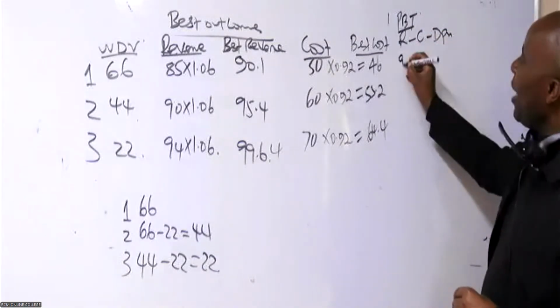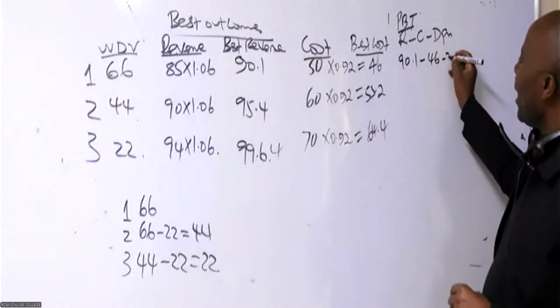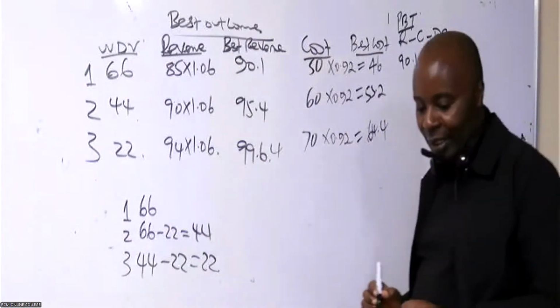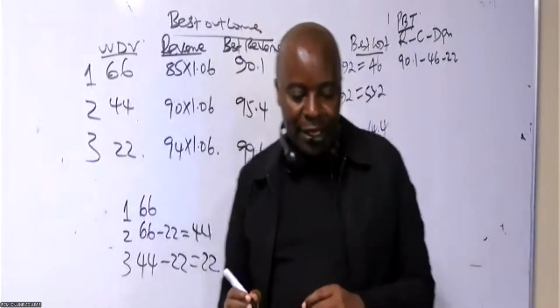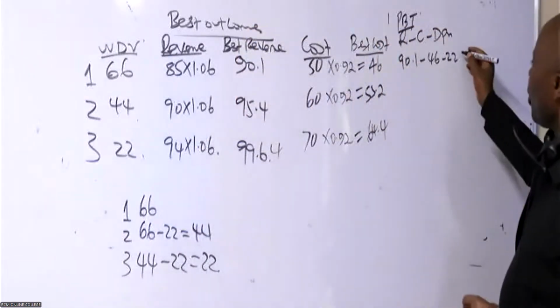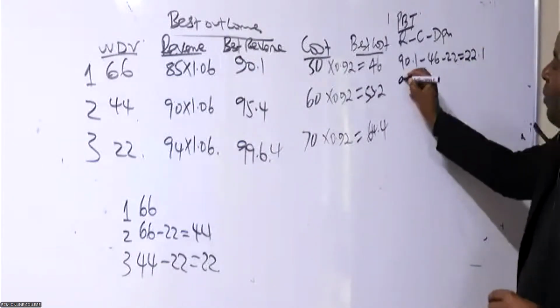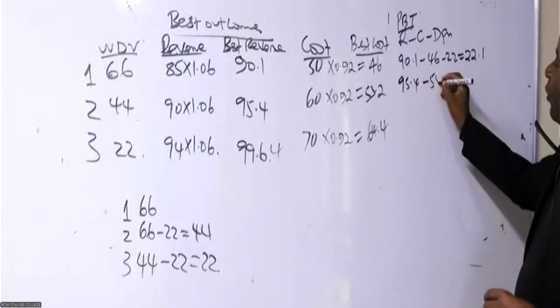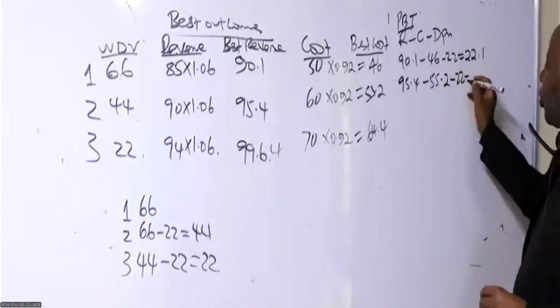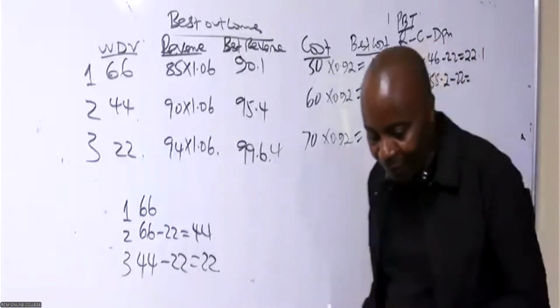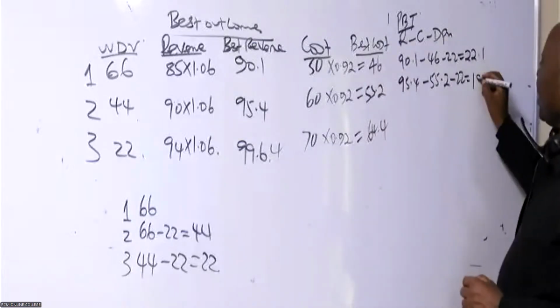So this one here will be 90.1 minus 46 minus 22. Sorry for that. So the first one gives us 22 point what here? 0.1. The second one will be 95.4 minus 55.2 minus 22, which gives us 18.2.